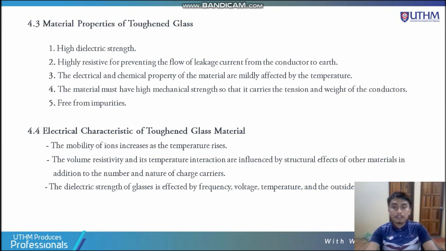And the third is the electrical and chemical properties of the material are mainly affected by the temperature. And the fourth is the material must have high mechanical strength so that it carry the tension and weight of the conductor. And the last is free from impurity.